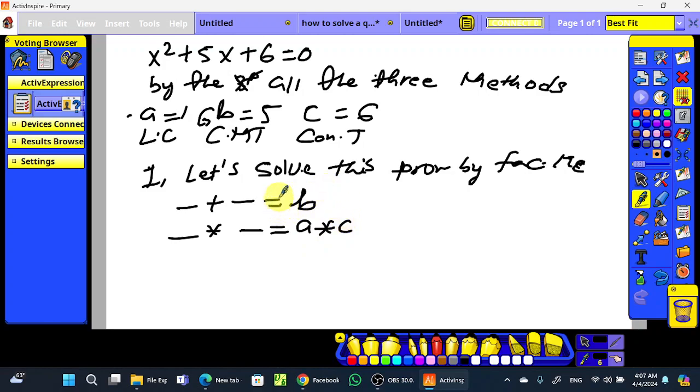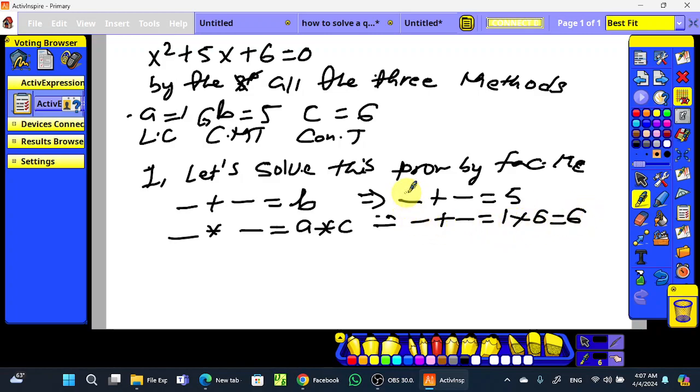That works for all cases, whether a is 1 or different from 1. In this case a is 1, but if a is not 1, this is the thing that you need to find out. So dash plus dash is equal to b, which is 5, and dash times dash is equal to a times c, which is 1 times 6, equal to 6.